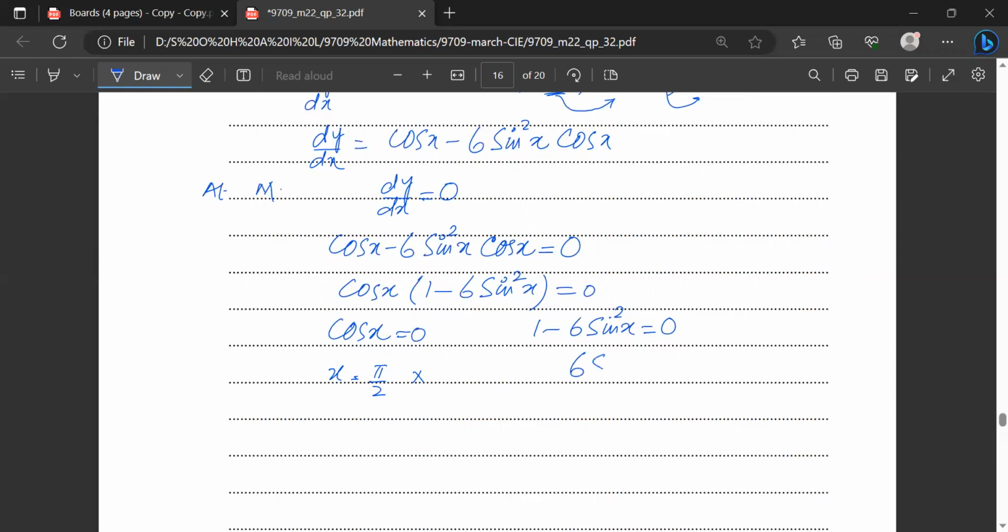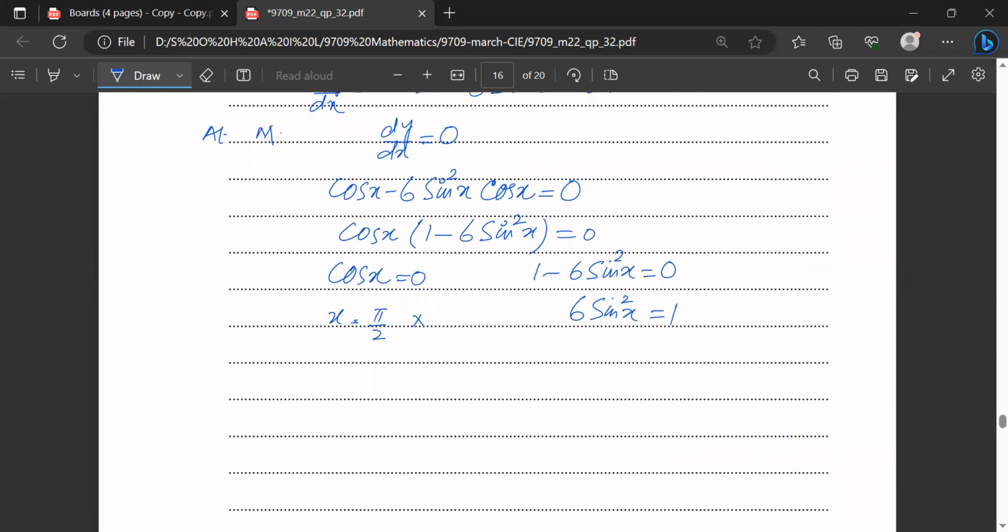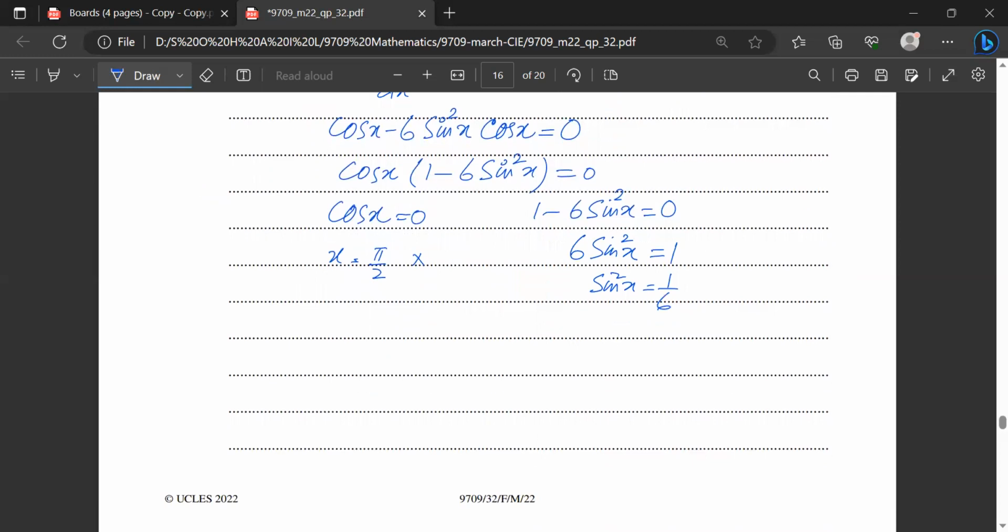So 6 sin squared x is equal to 1. I can simplify: sin squared x is equal to 1 over 6. Then sin x is equal to plus or minus 1 over root 6.